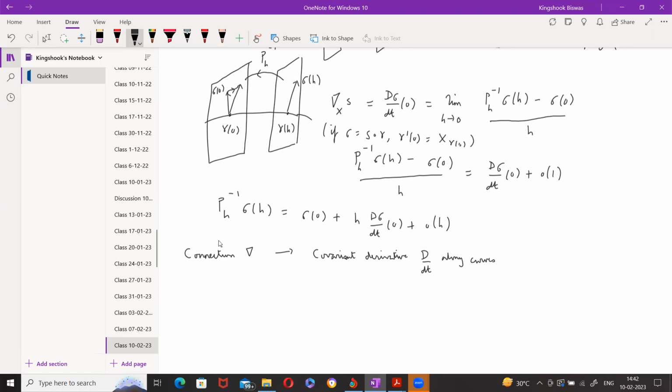And the covariant derivative conversely determines the connection, since d sigma/dt is nabla_X of s.